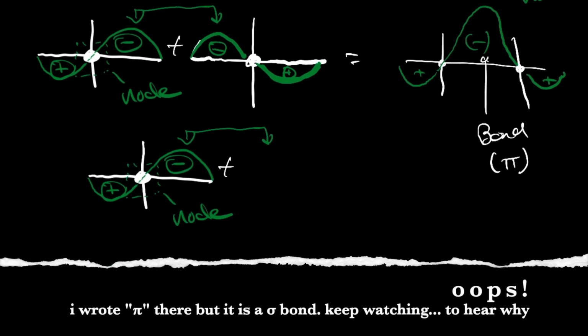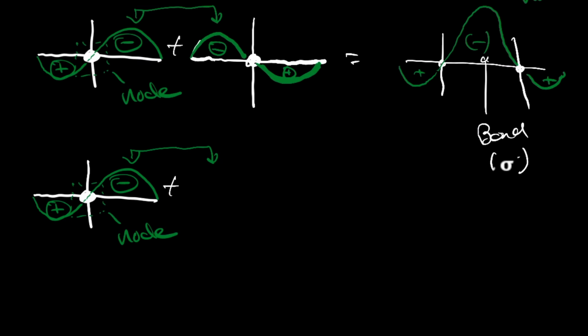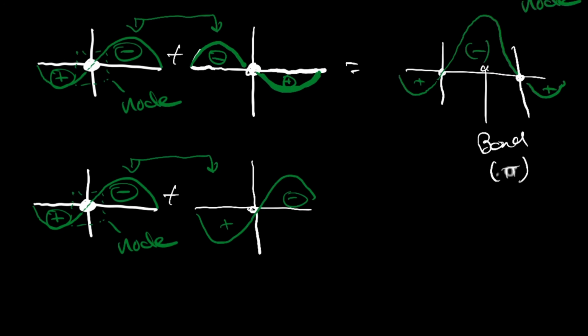We're going to do the opposite, right? What happens if we actually bring it together the other way? Okay, what do you get? You have the positive side coming in here and the negative side over here, right? So this is another way these orbitals can interact. You come in here and they're going to subtract from each other, right?